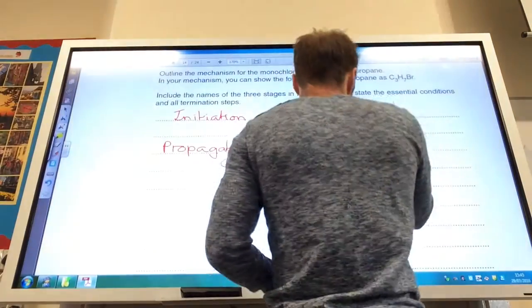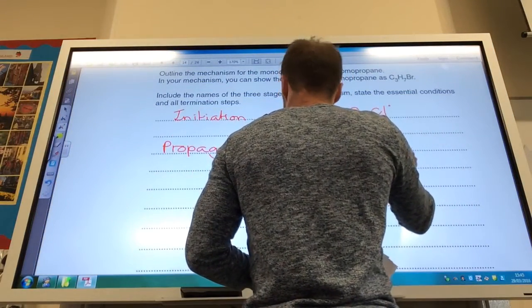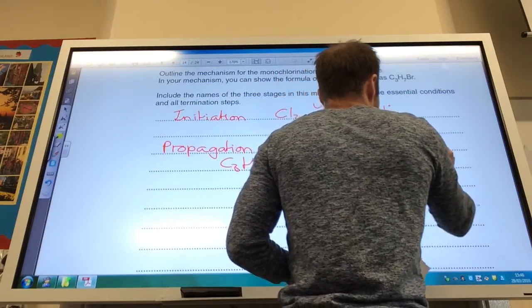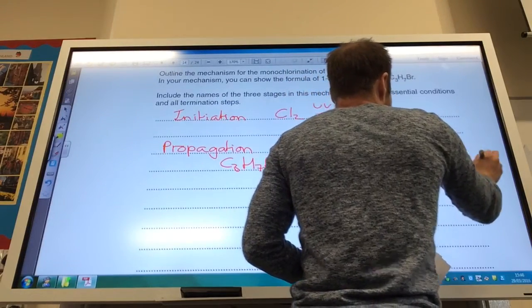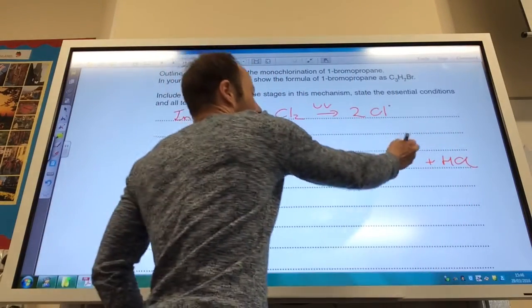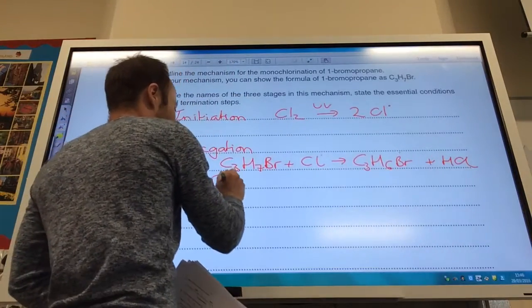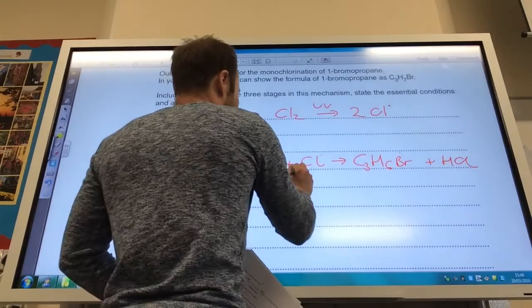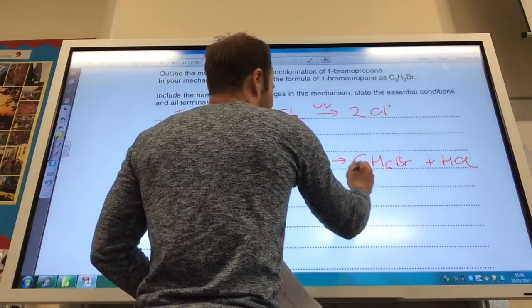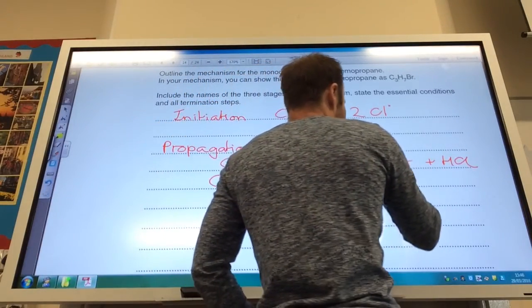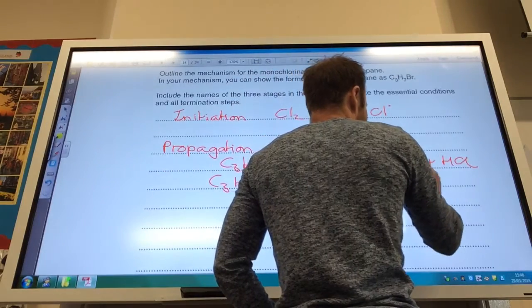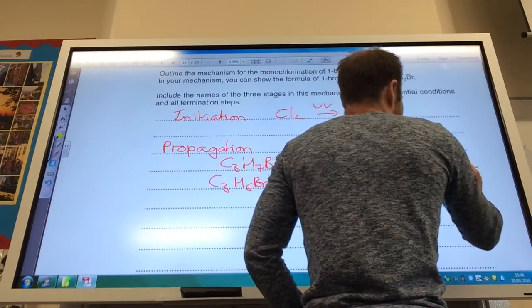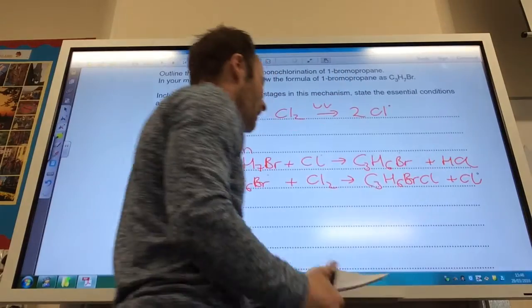That is going to whip off a hydrogen to give me C3H6Br plus HCl. Then that is a free radical, so C3H6Br plus Cl2 is going to give me one of my products, C3H6BrCl, and another chlorine free radical.